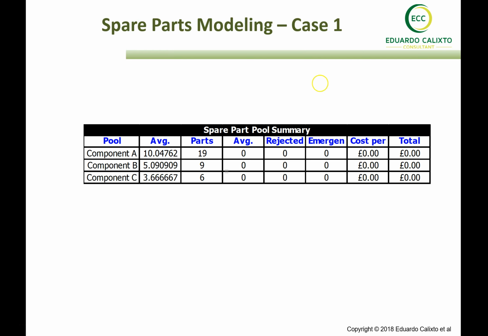I can see here the average number of items that I have in spare parts, how many parts were requested, the average of spare parts that were in place, and the rejected number of spare parts if there is some component failure and my spare parts level is 0.